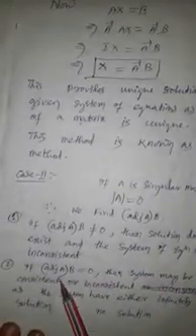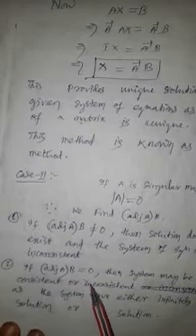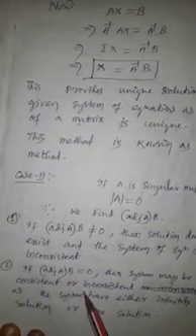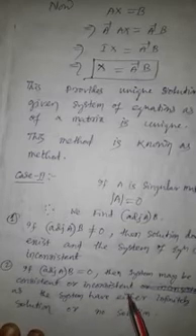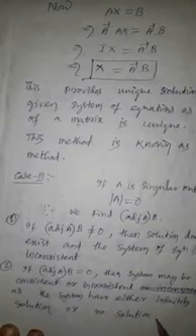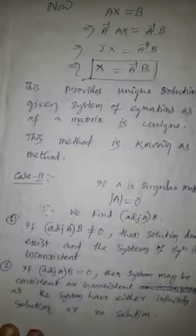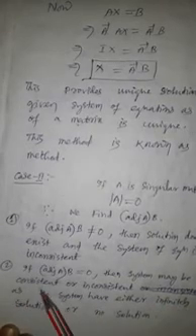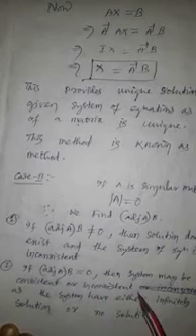If adjoint of A times B is equal to 0, then the system may be either consistent or inconsistent, according as the system has either infinitely many solutions or no solution. If it has infinitely many solutions, it is consistent; if inconsistent, there is no solution.